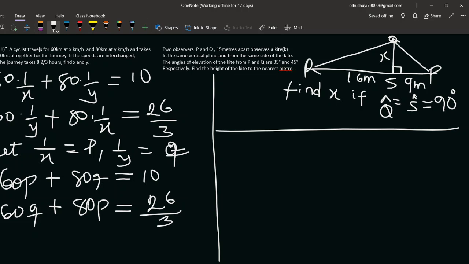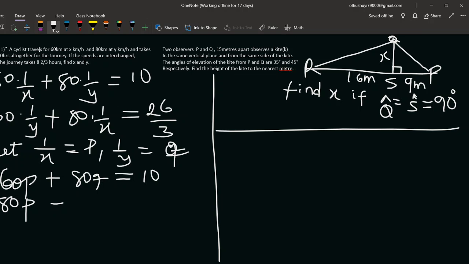So 3 times 60 is 180, plus 3 times 80 is 240. So let me clean this. I have 180p plus 240q to be equal to 26. So the 3 has done justice to that.